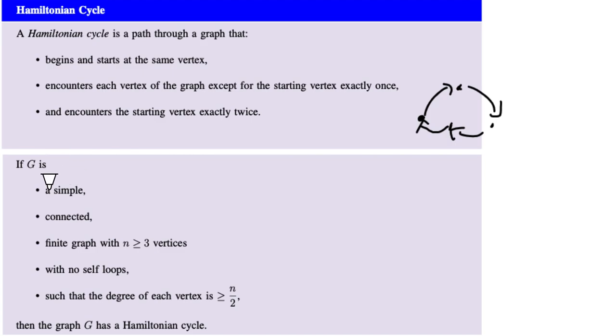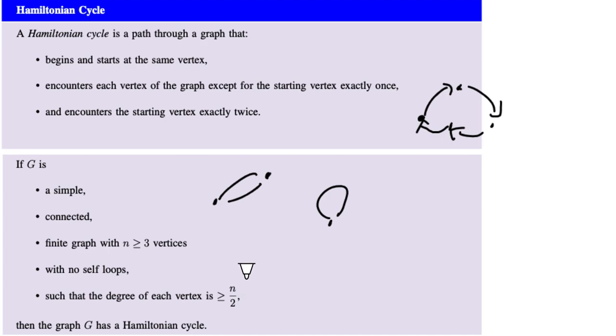So if our graph is simple, meaning it doesn't have multiple edges between things like this, it's undirected, it's connected, so it's completely connected from one vertex to another, and it has at least 3 vertices, has no loops or self-loops at a particular vertex, and the degree of each vertex is fairly large, at least half of the number of vertices in the graph, these conditions are enough.